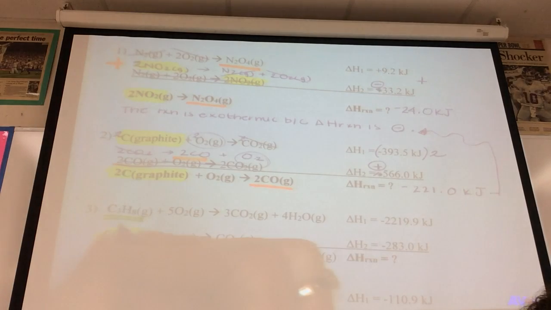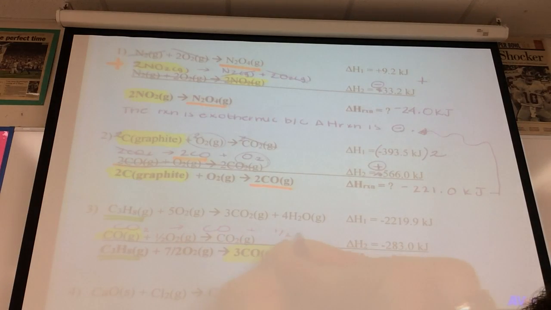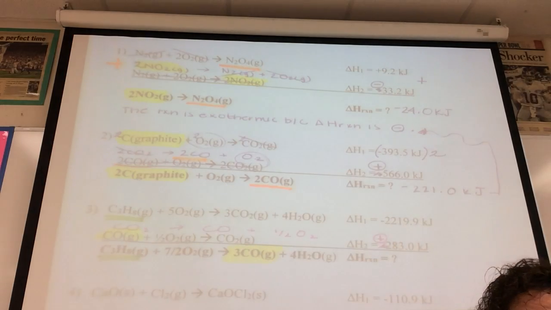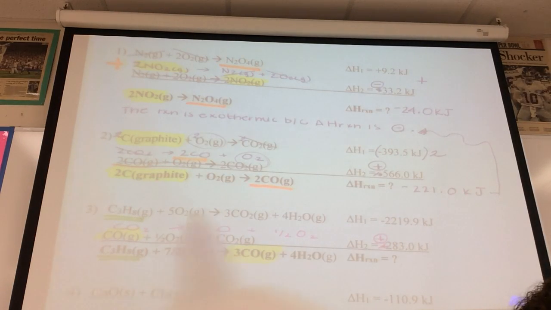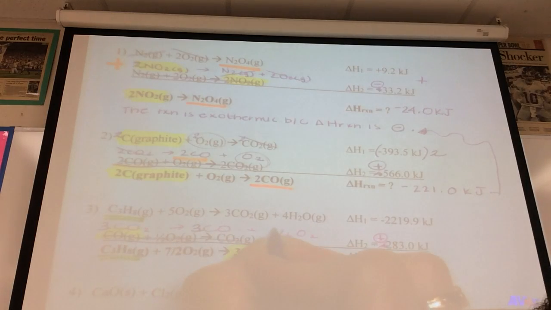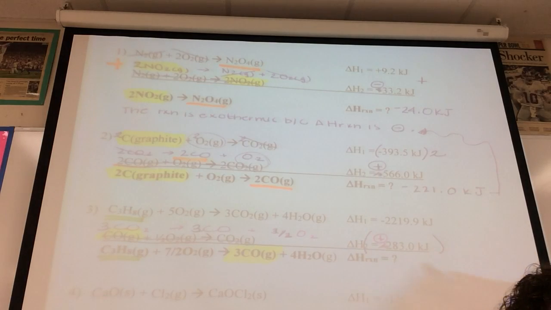I've got carbon dioxide, carbon monoxide, 1/2 O2. When I flip, I change the sign, but you said I also had to multiply by 3, right? 3, 3, and 3/2. And then I have to do what to this one? Multiply by 3. Good. And the water looks good.